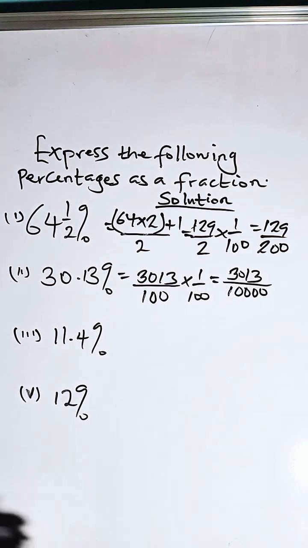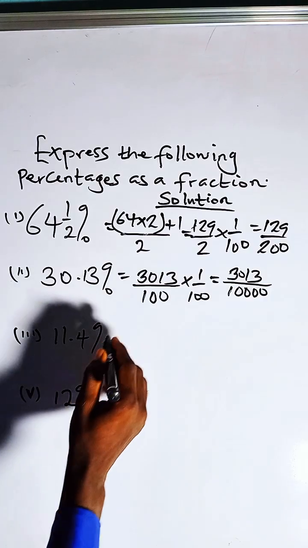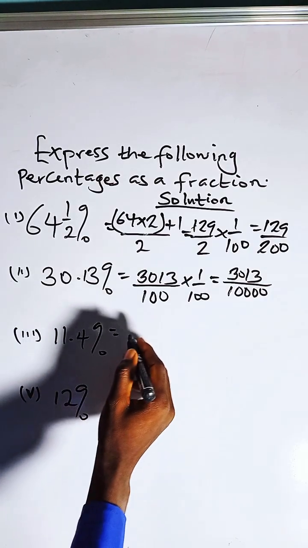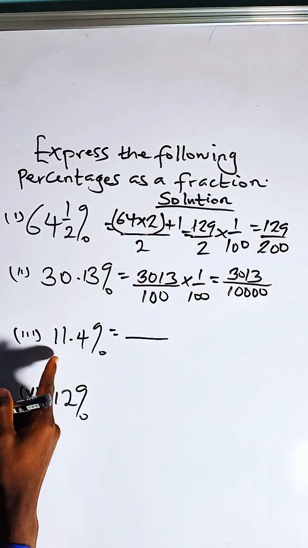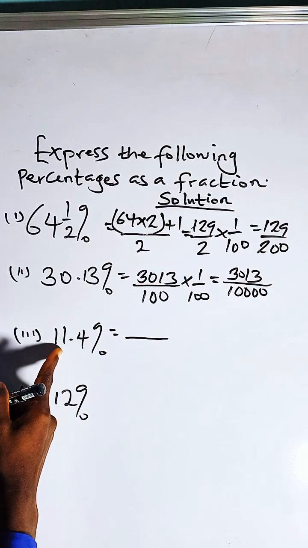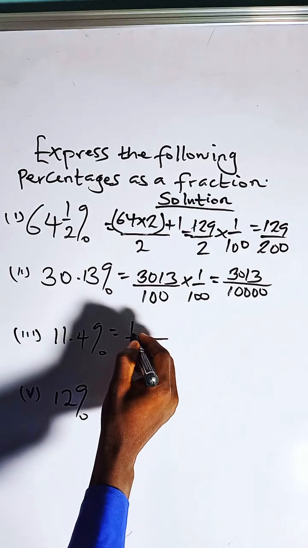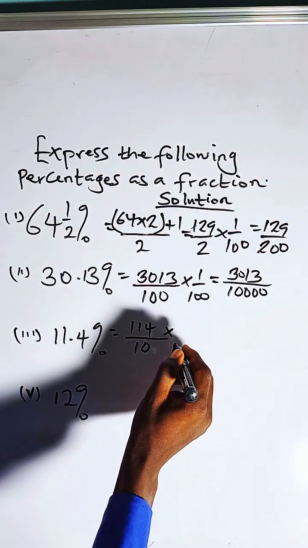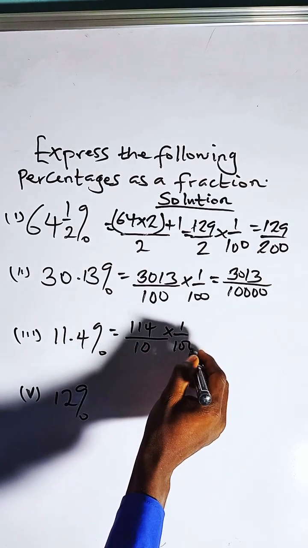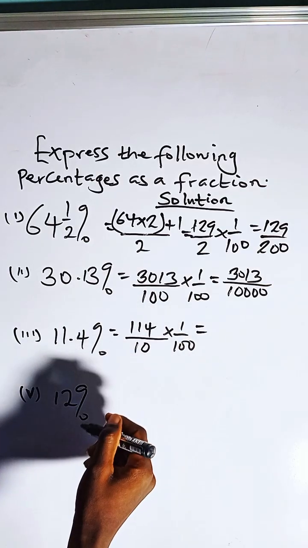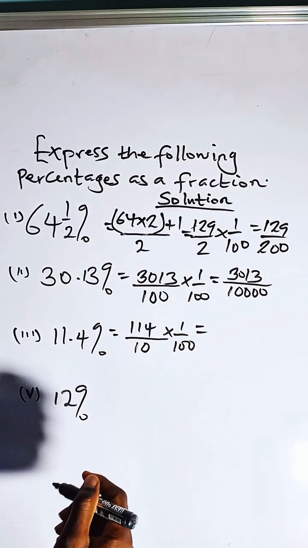Okay. So for the third one, we have 11.4%. So let's take this to a fraction. Okay, so the decimal point. Okay, so here we have this as 114 times 1 over 100 as a result of this. Okay, so here we have, do we have anything to simplify?